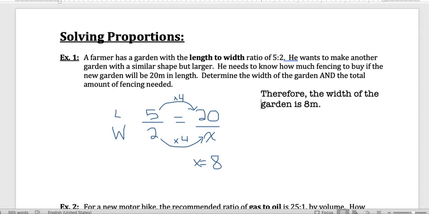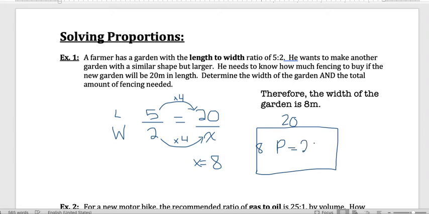So that means we are being asked for the perimeter of the garden. So if this length is 20 meters and this width is 8 meters, we are being asked for the perimeter. So the perimeter is equal to the sum of all the sides.